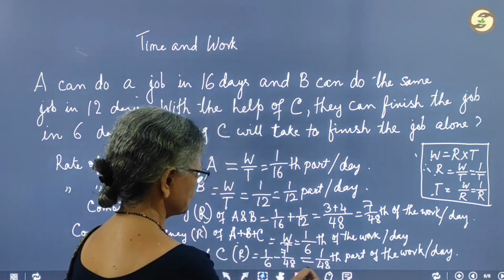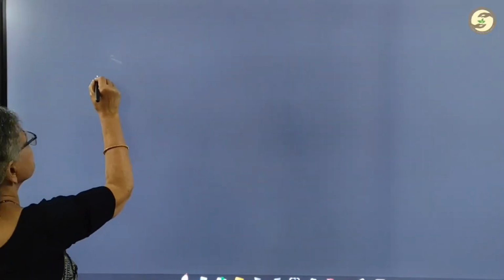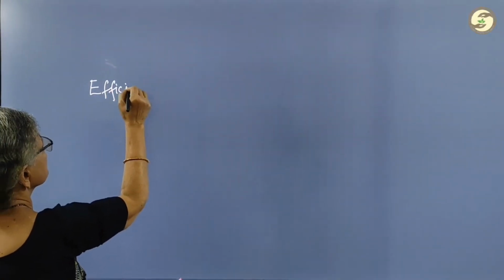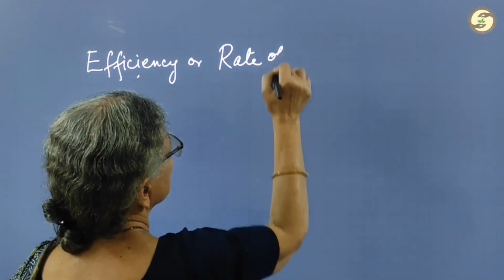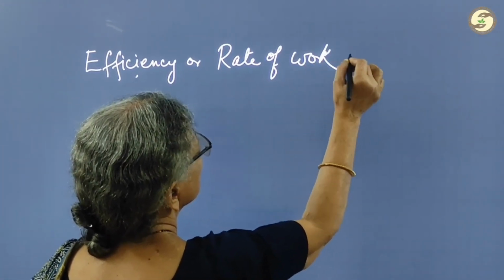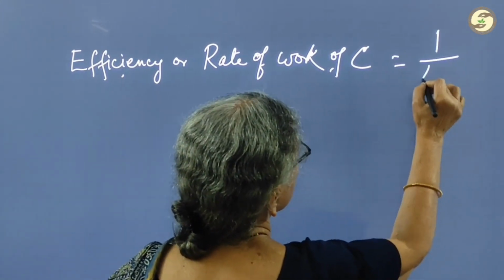From here, efficiency of C we have calculated 1 by 48. So we continue from there. Efficiency or rate of work of C is 1 by 48.